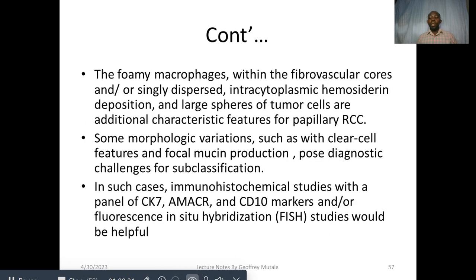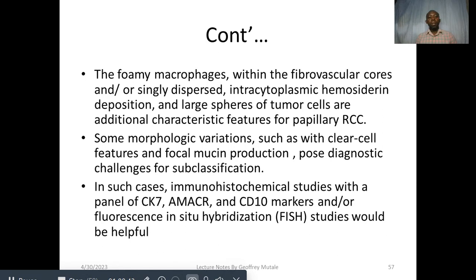The foamy macrophages within the vascular cores and also singly dispersed intracytoplasmic hemosiderin depositions and large spheres of tumor cells are additional characteristic features for papillary RCC.